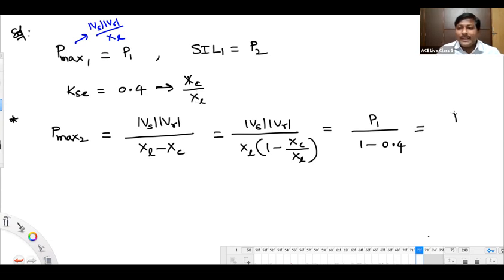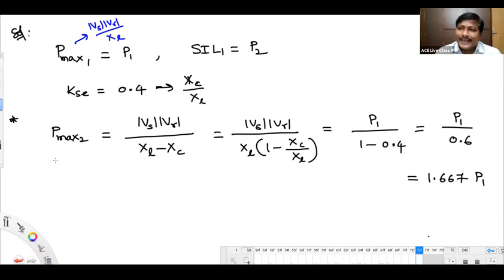So it is P1 by 0.6, which is 1.667 times of P1. That is Pmax2, the maximum power transfer capacity after providing the series compensation. This is the Pmax calculation.